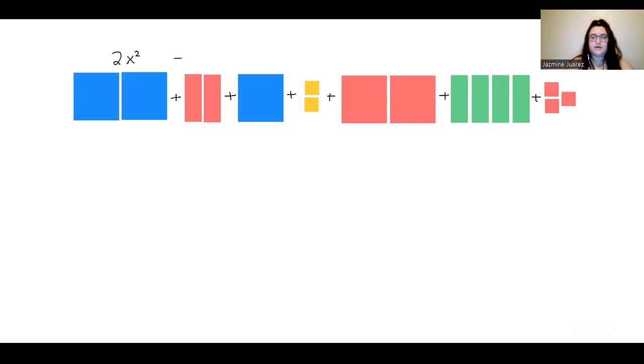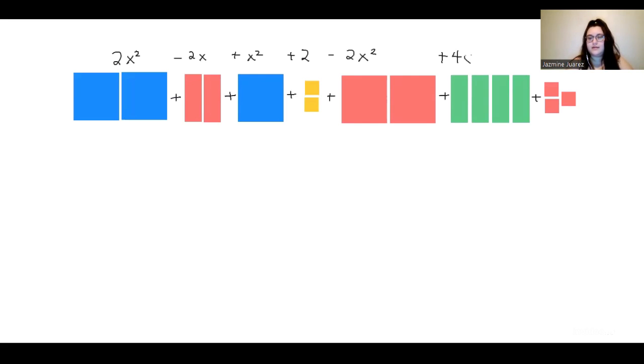And then I have 2 negative x's, so -2x. Another x squared, so plus x squared. 2 singletons, 2 units, so +2 minus 2x squared plus 4x. There are 4 of these.